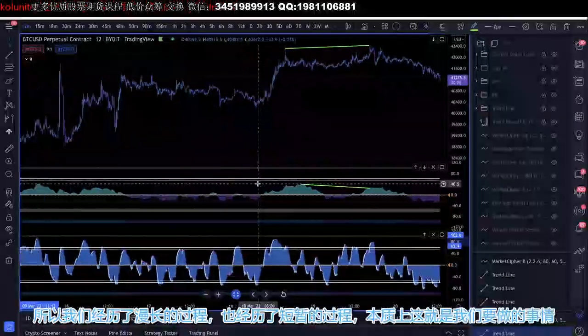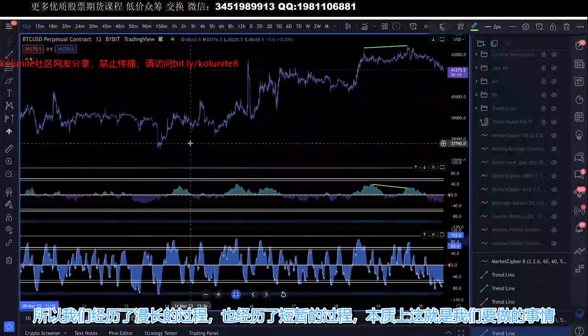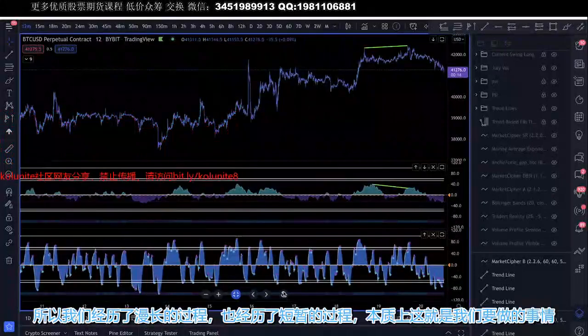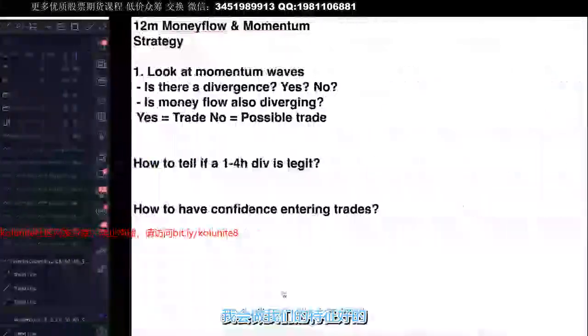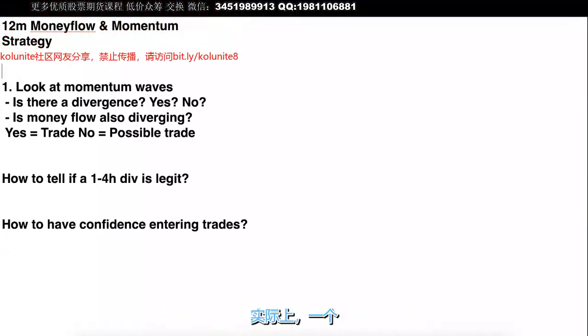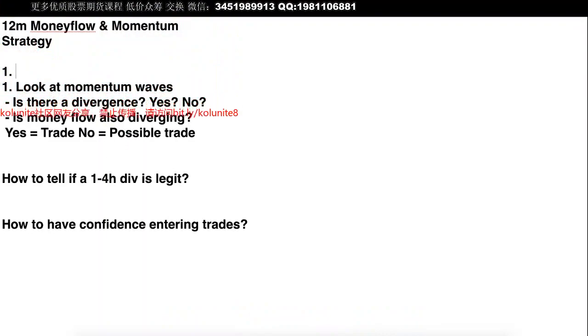So we went over the long and we went over the short, all right? And essentially, this is how we're going to be doing our trades, okay? We're going to go through this process. First, we need to see, one, is price trending?